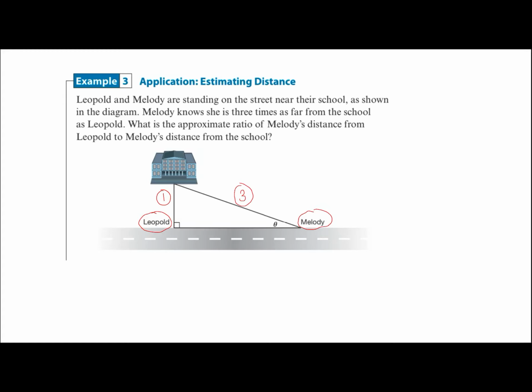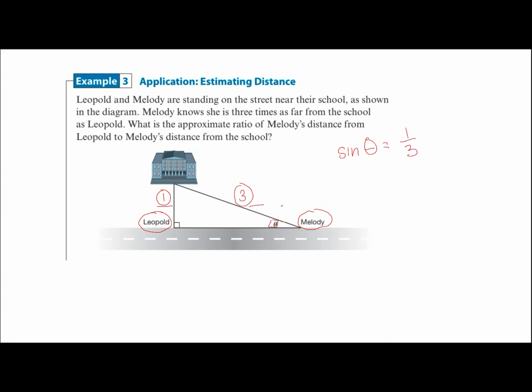So it looks like we have opposite over hypotenuse. That would give us sine theta is equal to 1/3, because from this angle here we've got opposite over hypotenuse.